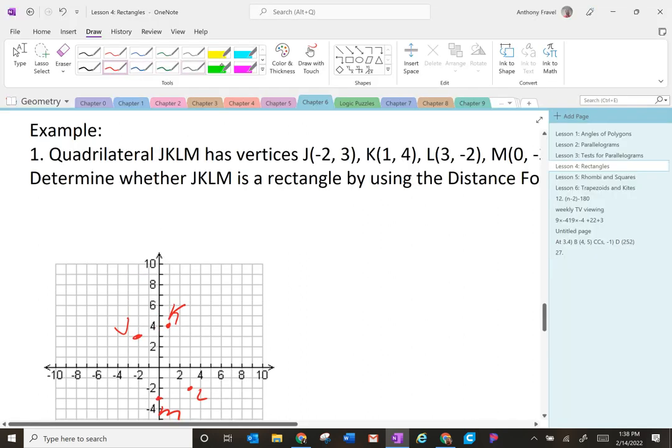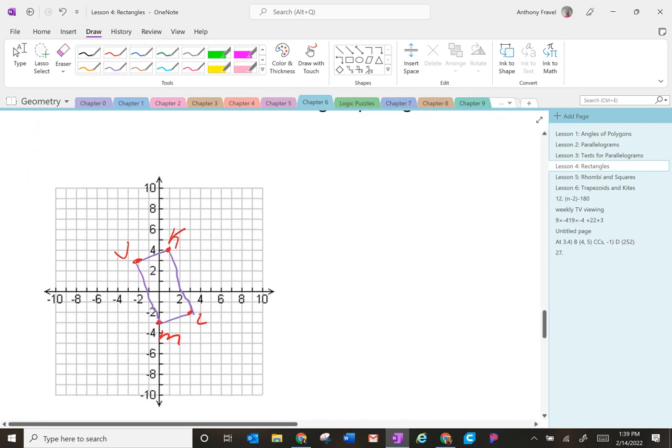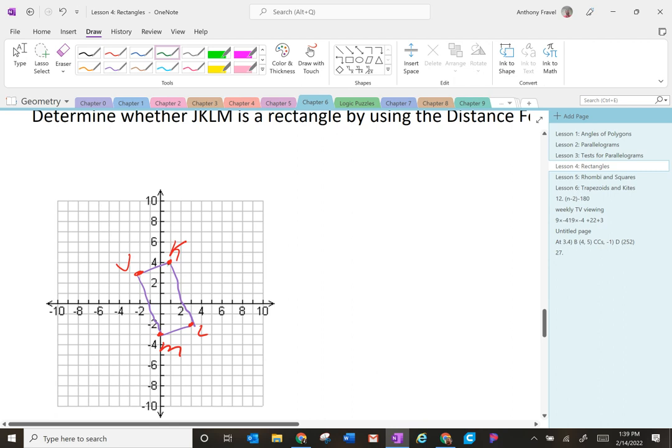So my shape that I'm drawing will look like this. For me to get the diagonals, I'm going to need to connect the opposite points. So I will need to connect from point K down to M, and then point J over to L. Those are my diagonals. And if those diagonals are the exact same length, then I know for a fact it's going to be a rectangle.